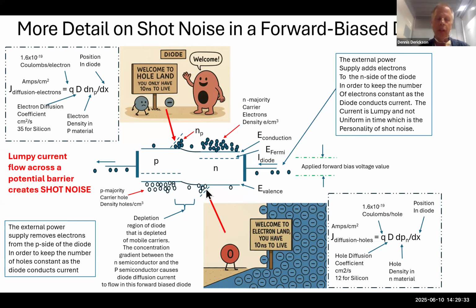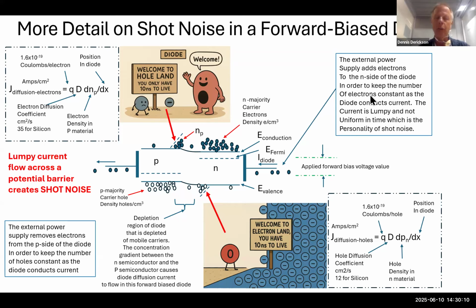And again, the slope of that line right here, the diffusion current for holes, is going to be the charge on a hole times the diffusion coefficient for holes times the slope of that line. How fast does the P carrier in the N material change with distance? So the slope of that line gives you how much hole current is flowing. So there's both electron current flowing in a p-n junction forward bias diode, and there's also hole current in a p-n junction forward bias diode.